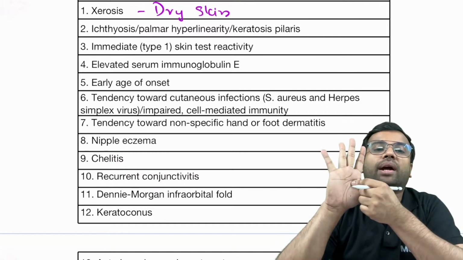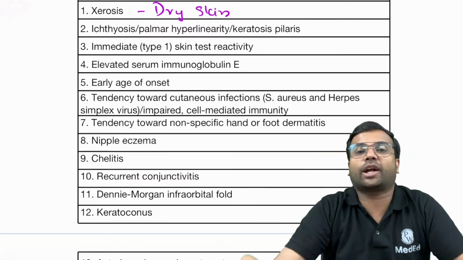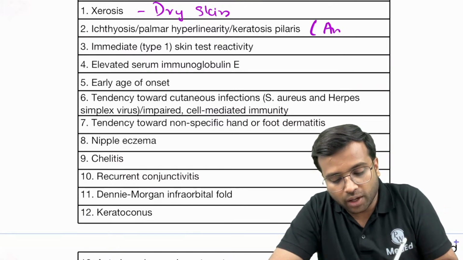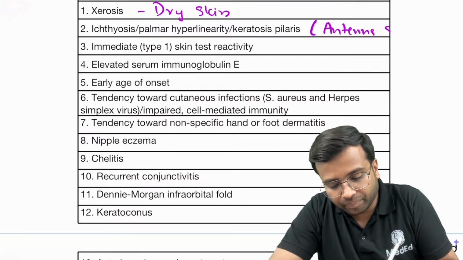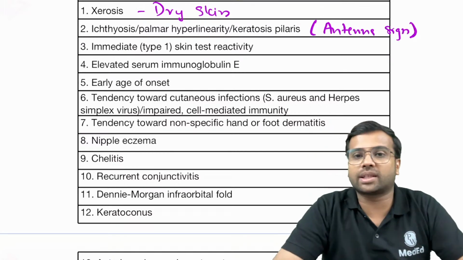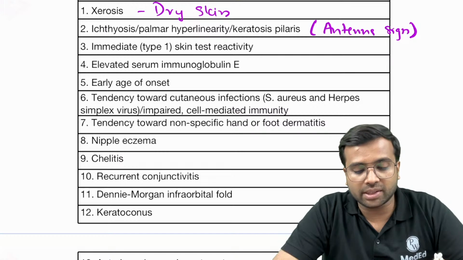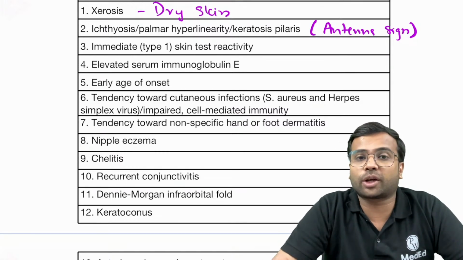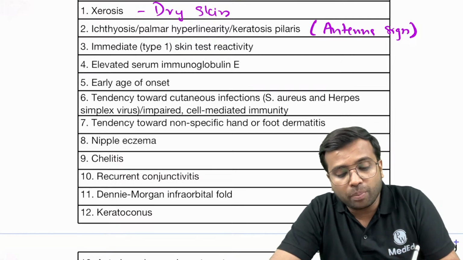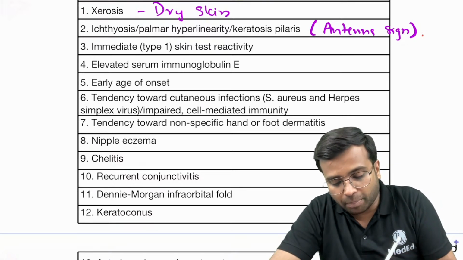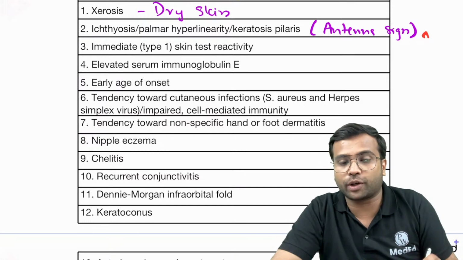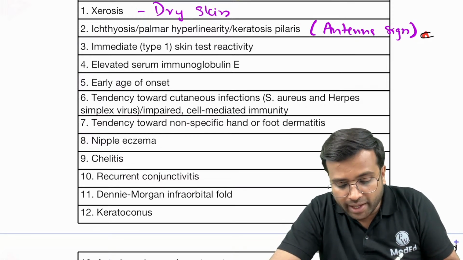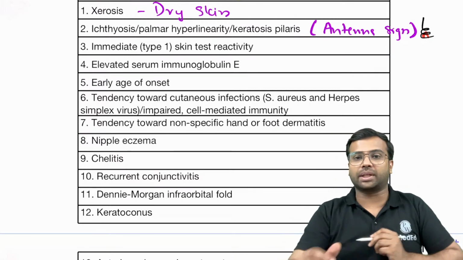Ichthyosis or palmar hyperlinearity or keratosis pilaris. So this keratosis pilaris is also called the antenna sign, because in patients of atopic dermatitis who have keratosis pilaris, there would be a small follicular papule, and this hair follicle would be coiling around and look something like this.